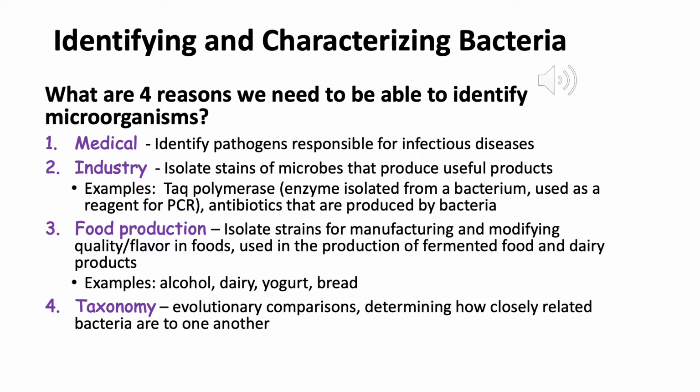Well, a closely related species might have a similar antibiotic, or maybe something even better. Another example why that's important: if you have a pathogen that's related to another pathogen and you don't know how to treat it, you might look at what treatment works for a closely related pathogen.